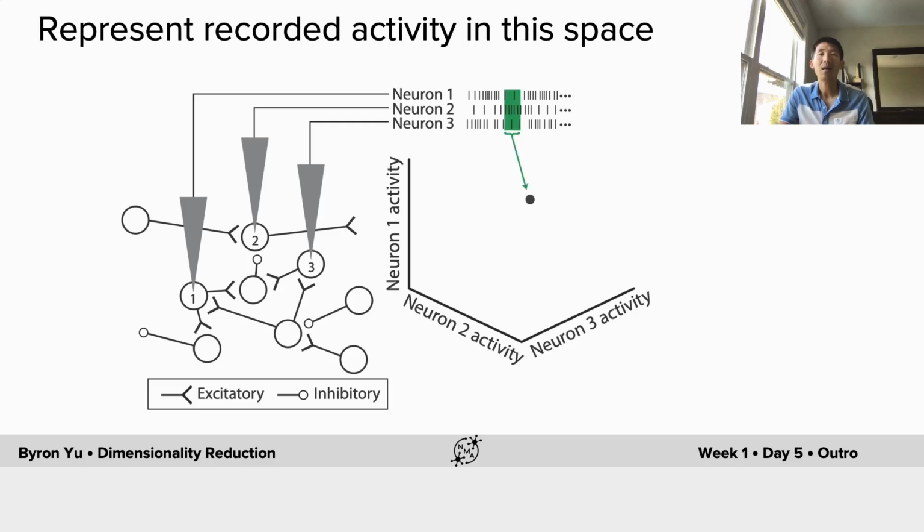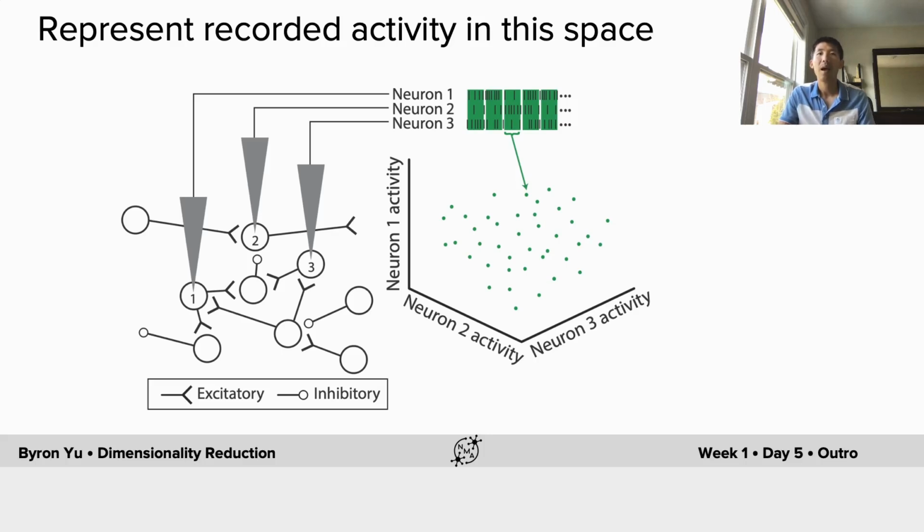We can define a window in time in which we count the number of spikes produced by each neuron, and that defines a point in this space. We can then define many such bins, and each bin corresponds to 1 point in this space.